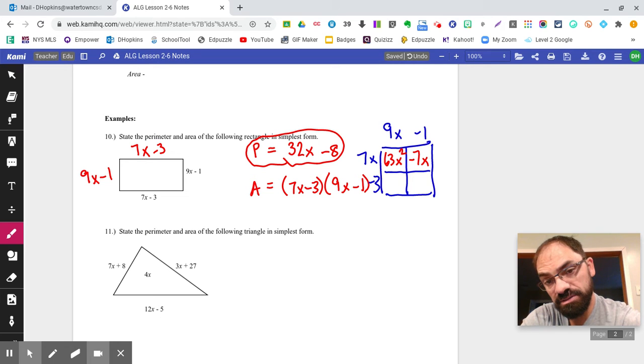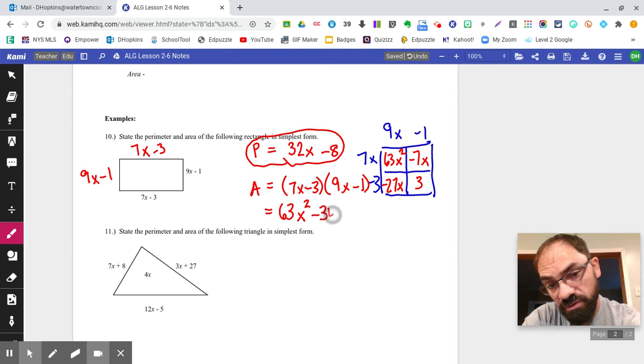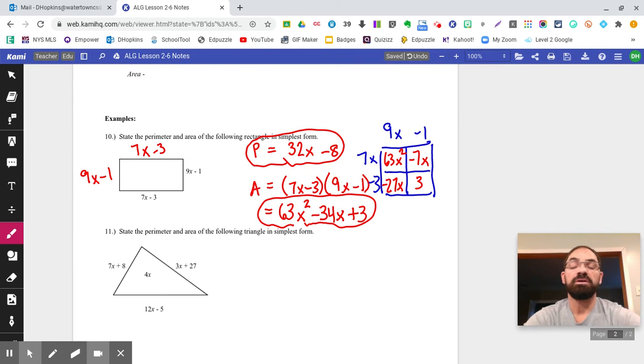Negative 3 times 9x is negative 27x. And negative 3 times negative 1 is positive 3. We then had like terms diagonally. So we have 63x squared. Negative 27x and negative 7x is negative 34x. And then we have a positive 3. So that's the area. That should be a little review from previous lessons.